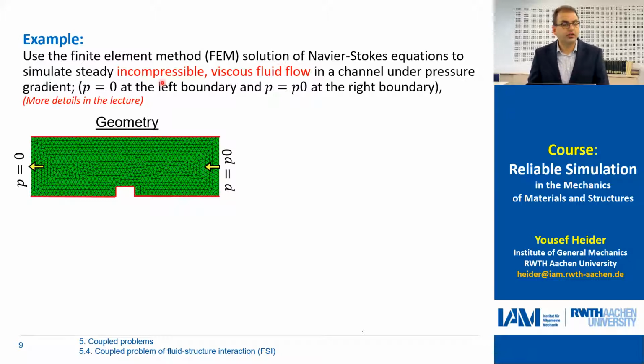And this is a steady state flow in a channel which has this form, so it has this small notch. And then we have a pressure gradient. On the one side, we apply some value of pressure, P0. On the other side, it's P equal to 0. So we let the fluid flow in a certain direction, and we would like to visualize the pressure and the fluid velocity in this domain.